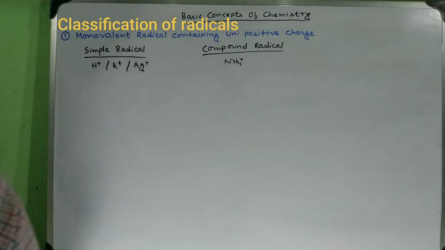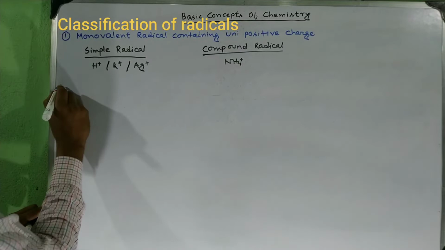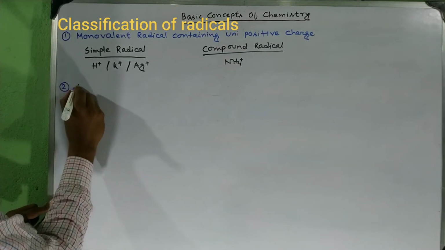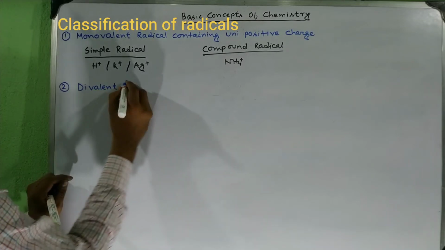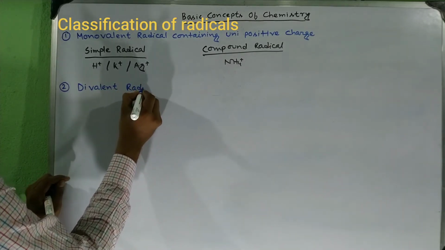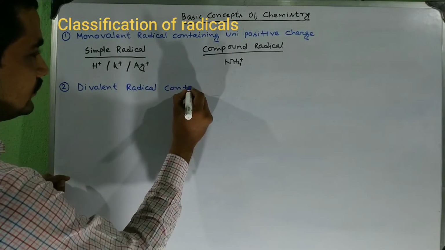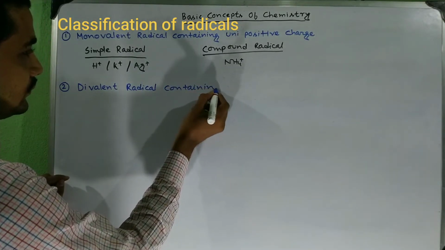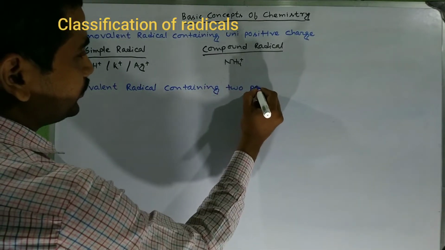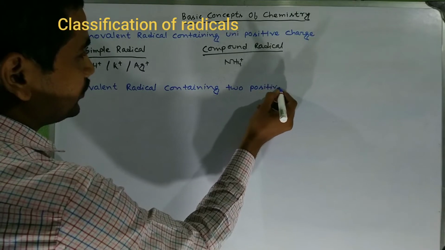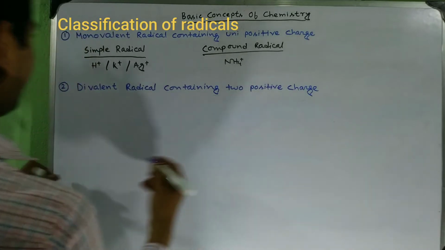Now the second class is what? Divalent radical, number 2, divalent radical containing two positive charges.